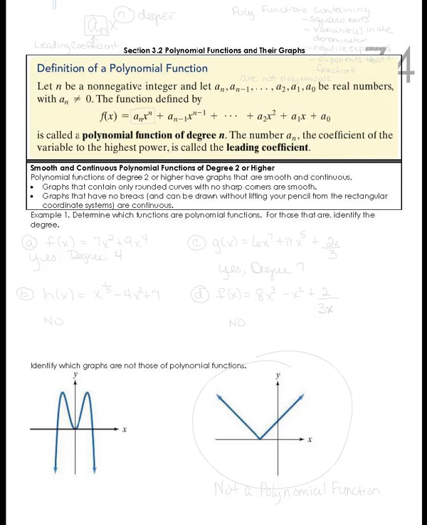Going back to some things that we've done before, we talked about leading coefficient, and we talked about degree meaning exponent.